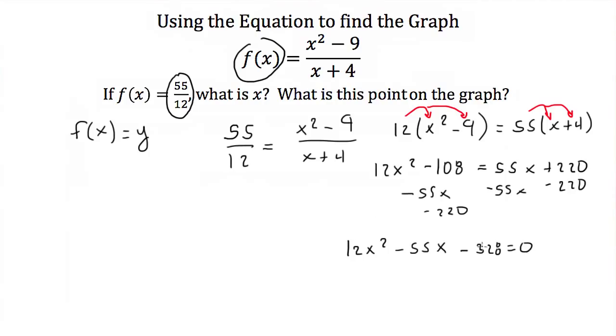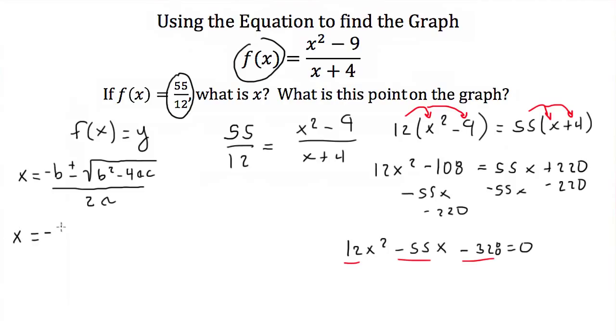If we want to solve this quadratic, it's probably easiest to use the quadratic equation, where x is equal to negative b plus or minus the square root of b squared minus 4 times a times c all over 2a. Now our a value here is 12, our b value is a negative 55, and our c value is a negative 328.